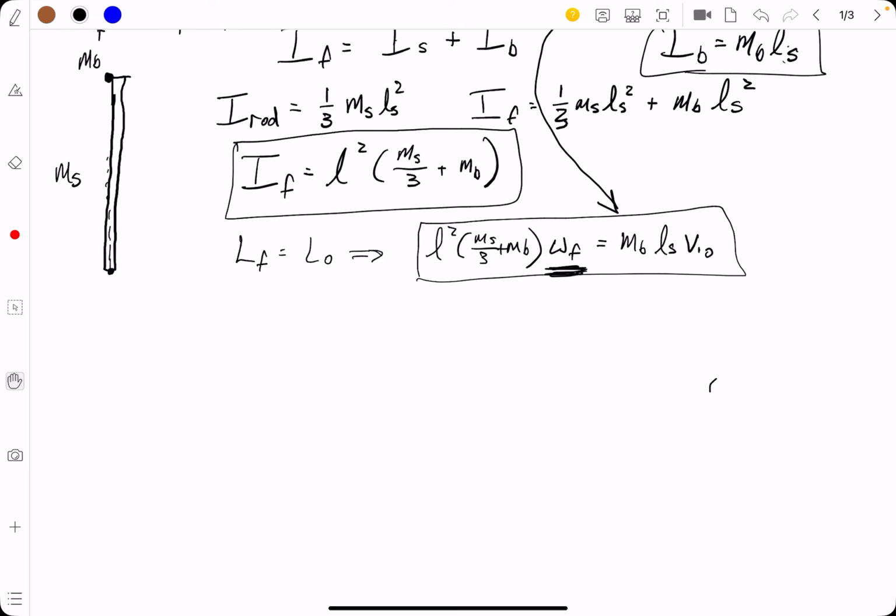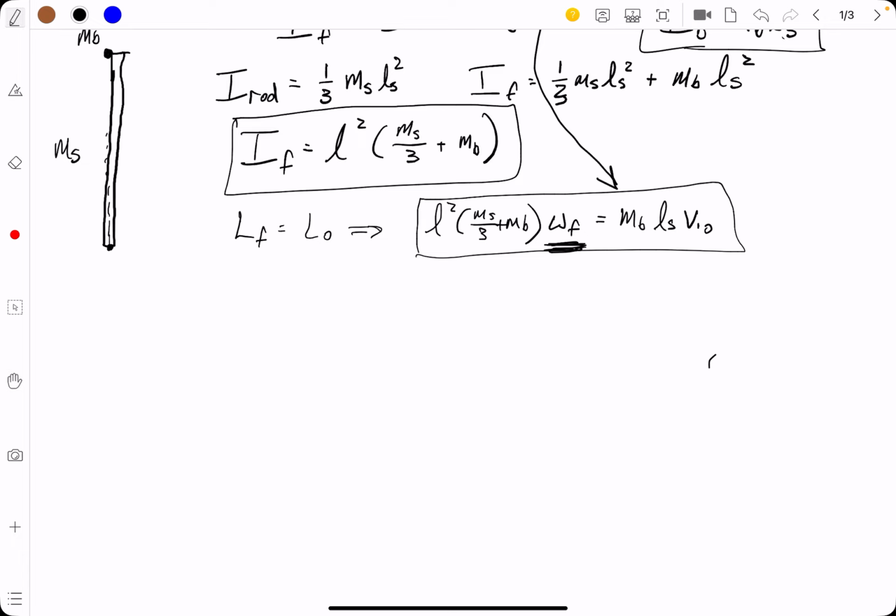All that other stuff was given. So now I can do that. Omega final is equal to my mass of the block times the length of the stick times V10. And I'm going to divide out by the length of the stick squared, times mass of the stick over 3 plus mass of the block.